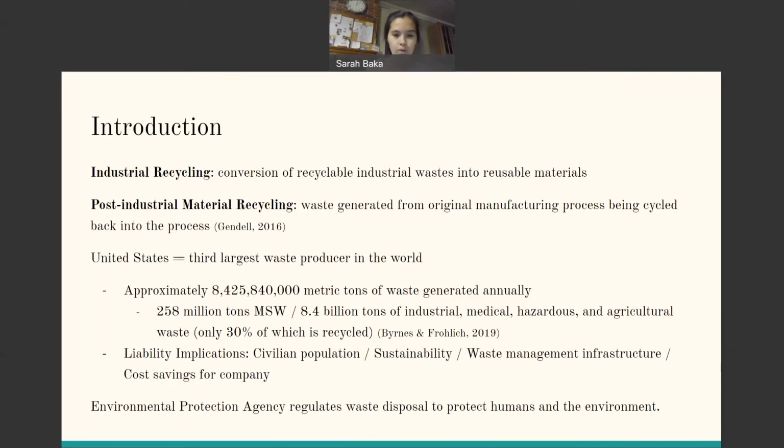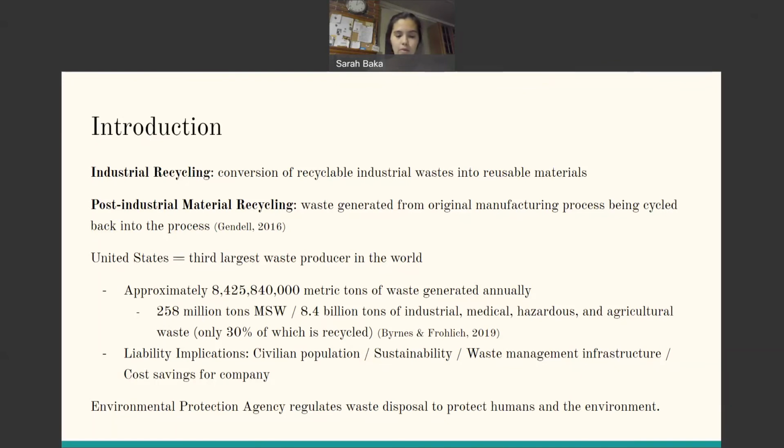Of that 8.4 billion tons, only 30% is currently recycled on average. So the vast majority is not recycled. And this has implications on civilian health, people breathing air pollution or water pollution, sustainability, ruining the nature and the environment around these industries, management of waste with disposal costs and how that affects the company directly, and then cost savings for the company.